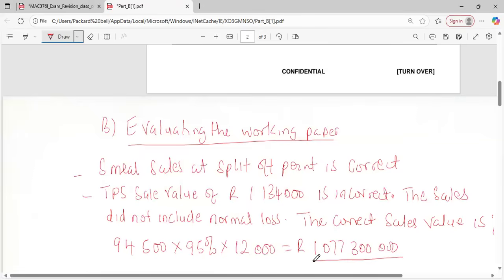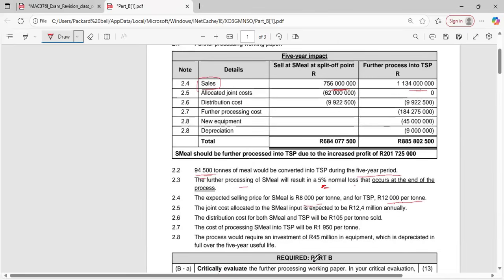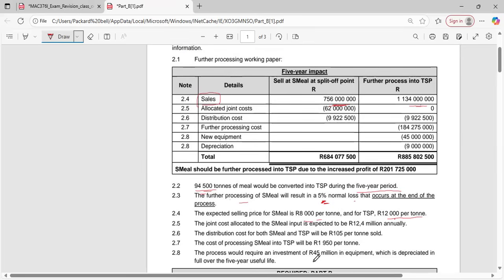Then you go now to your allocated joint cost. You check what's happening on the joint cost. The expected further processing, the joint cost allocated to the S-meal input is expected to be 12.4 million annually.